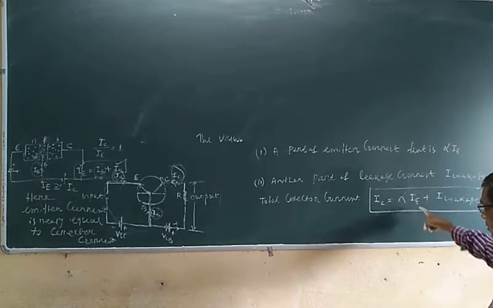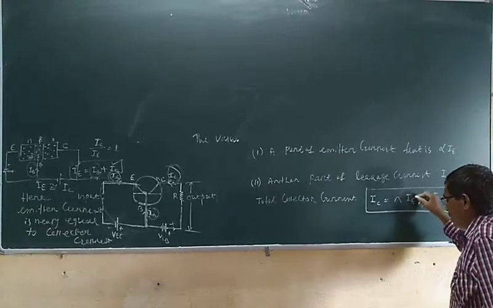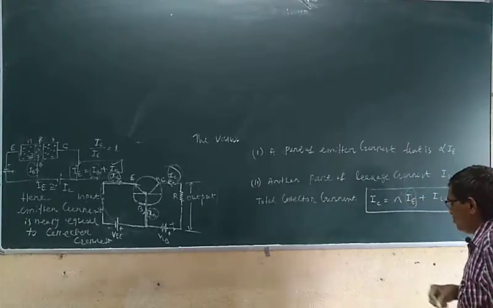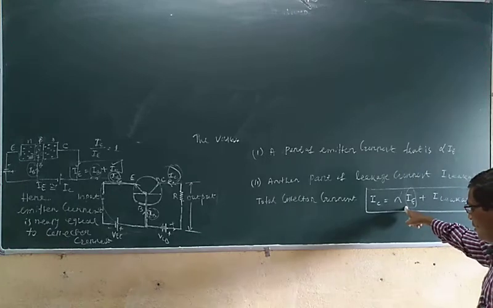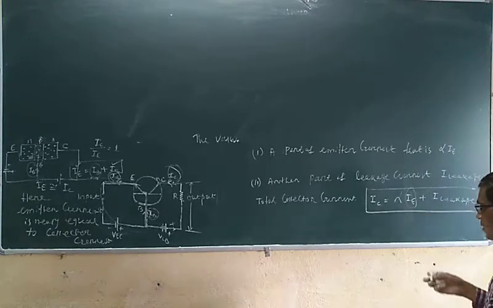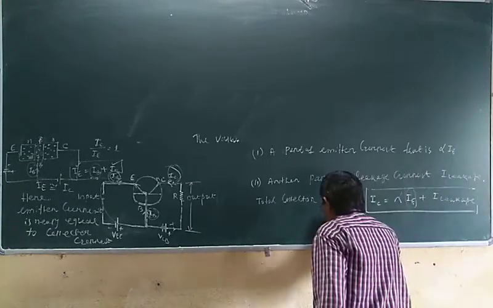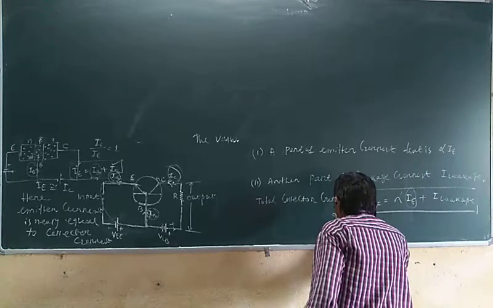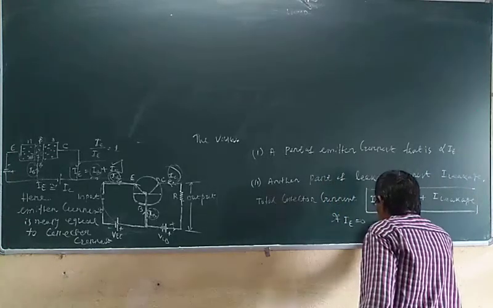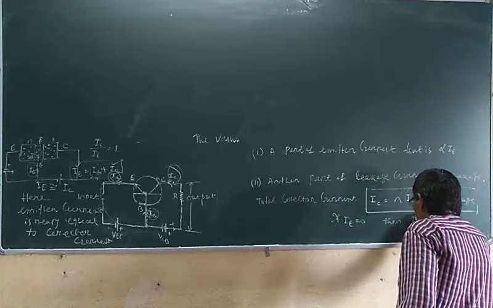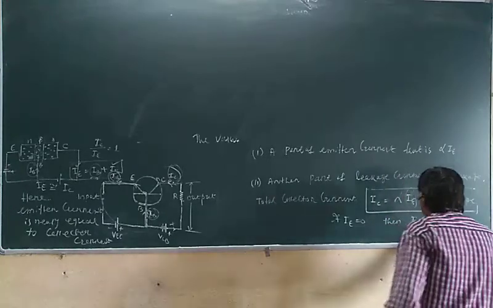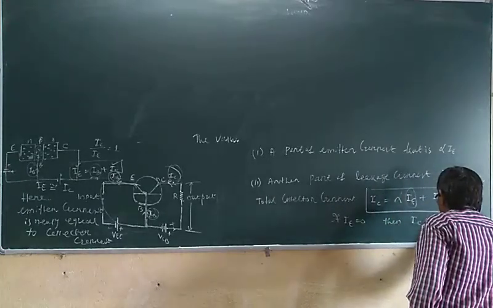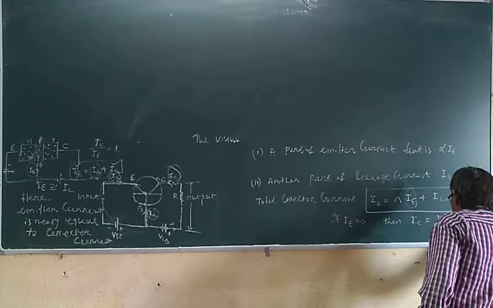Here, when we assume the emitter current as 0, that means if IE equals 0, then IC equals I leakage.